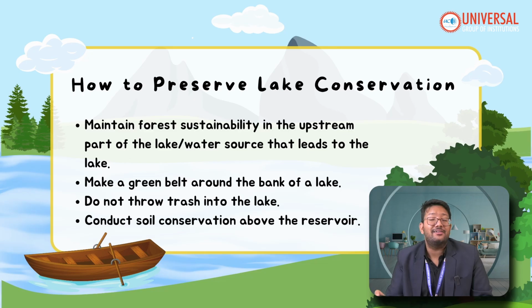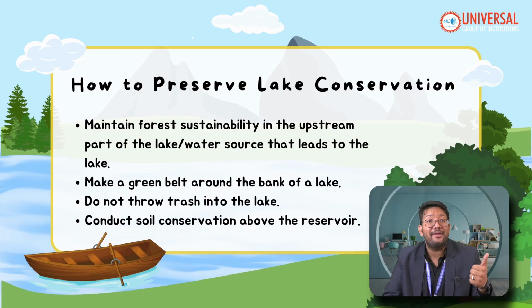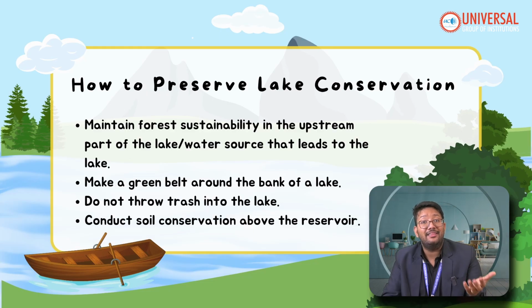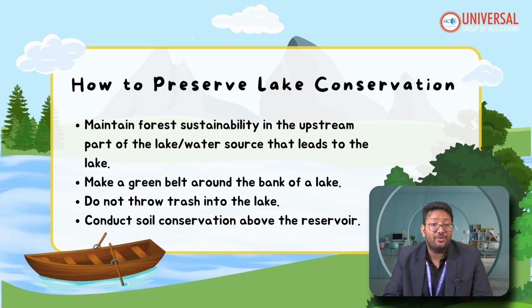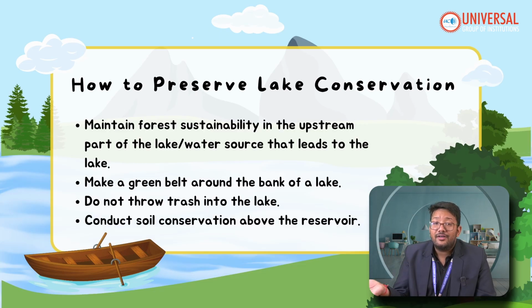Okay, so how to preserve lakes? We have to maintain forest sustainability in the upstream part of the lake or water source that leads to the lake. Basically, it has to be sustainable development. We need lakes for hydropower generation, and when we are creating any dam, sustainability should be kept in mind. To reduce glacial lake outburst floods, what should we do?